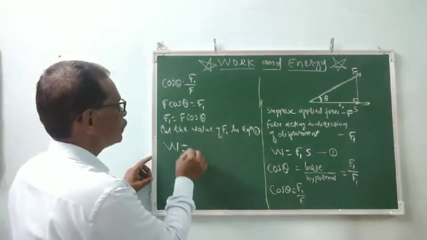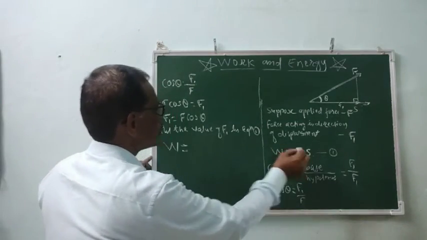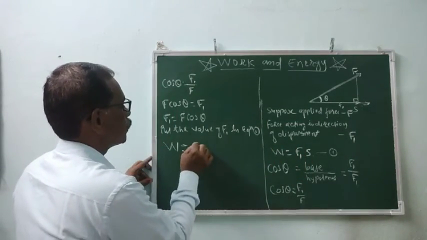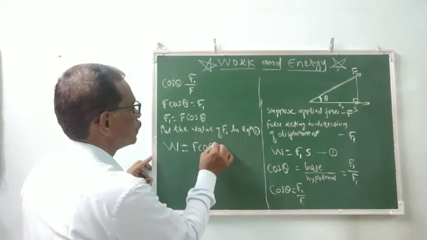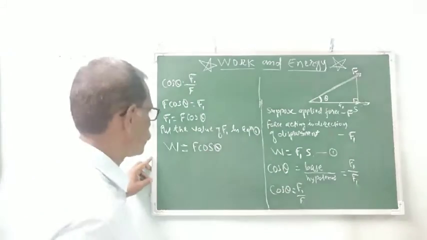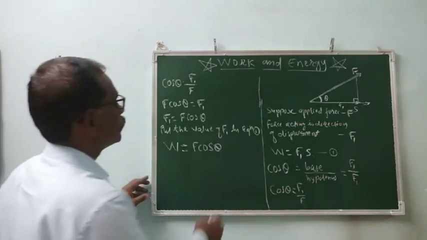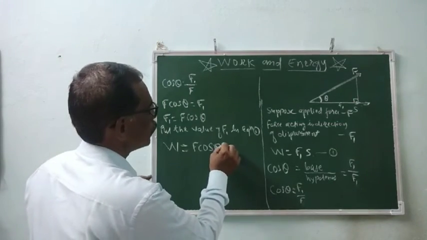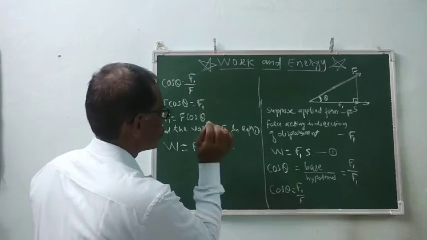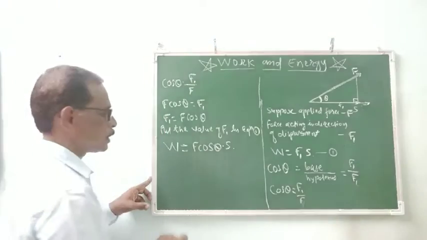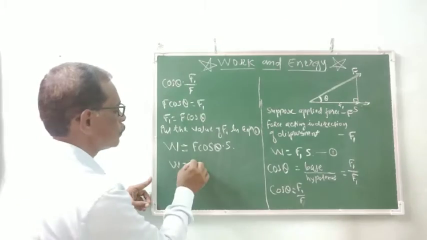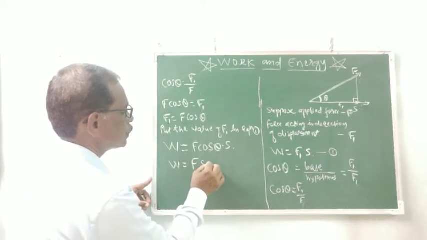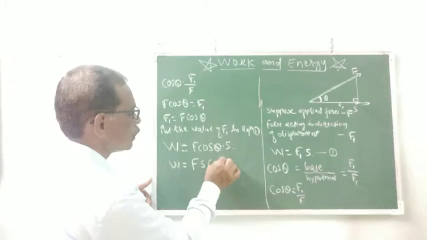So I write F cos theta instead of F1 because that is the value of F1, into S. And now we will get the equation of the work done, that is W equal to Fs cos theta.